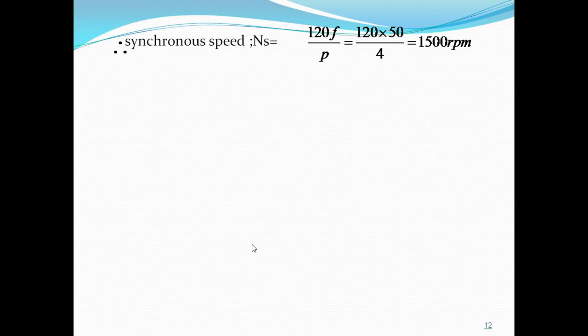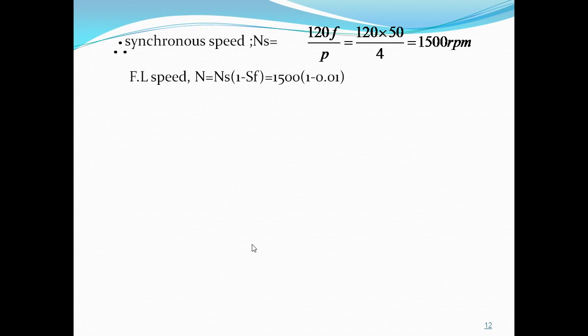So synchronous speed ns is equal to 120 f by p. So that is 1500 rpm. So rotor speed, full load speed nr is equal to ns into 1 minus s.